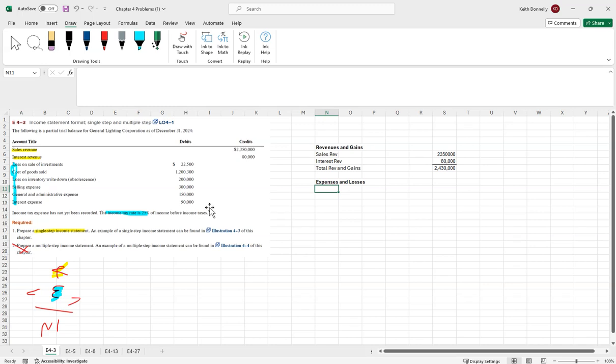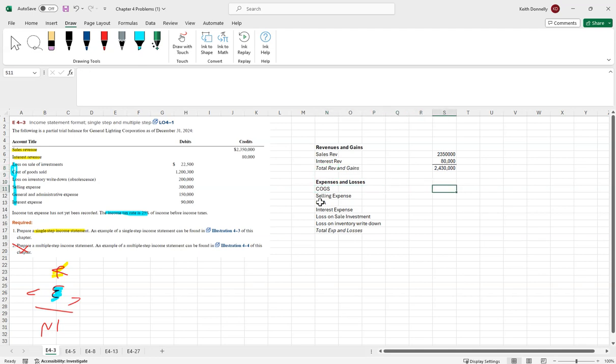So let's list these expenses out. We'll have our cost of goods sold, our selling expense, our general and administrative expense, interest expense, loss on the sale of the investment, loss on the inventory write-down, and that'll get us our total expenses and losses.